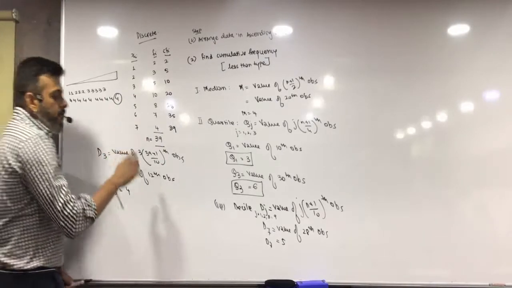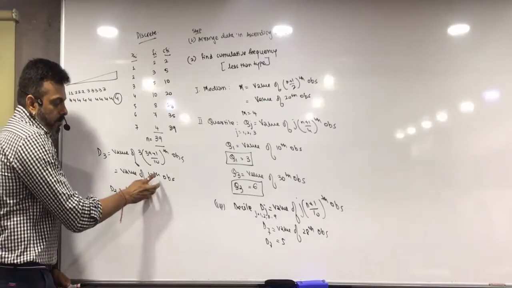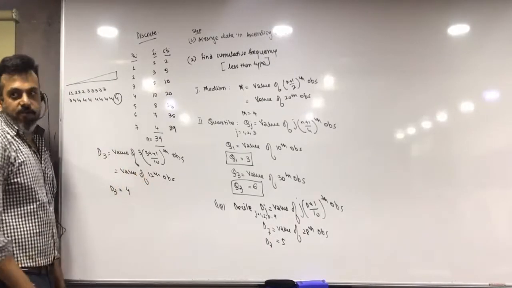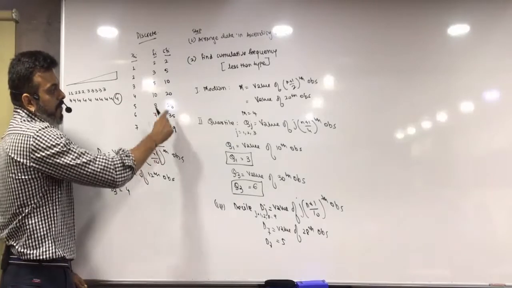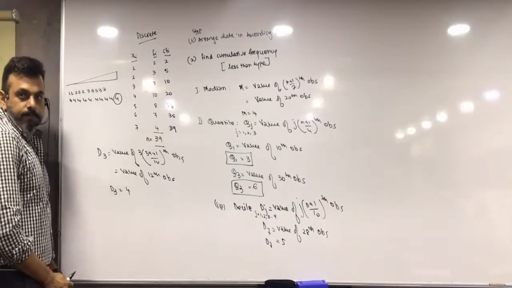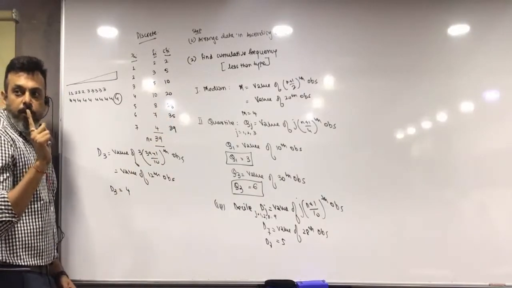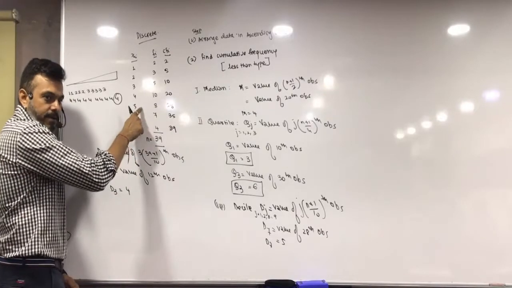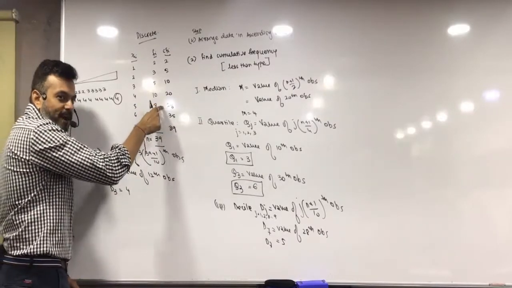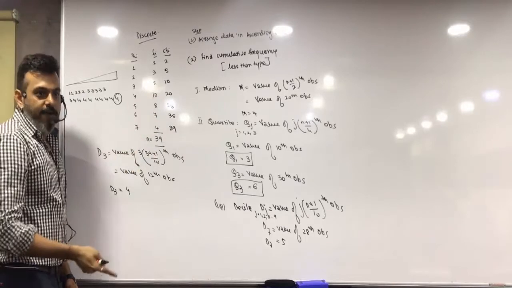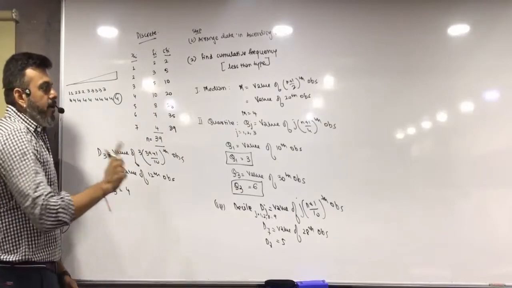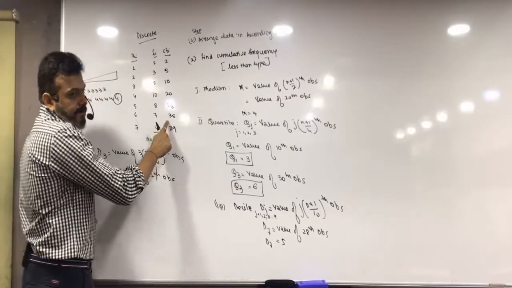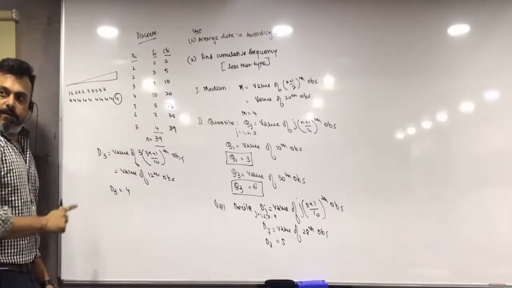Now if you get the observation in fraction, say for example you get 26.5, then also it will be 5, because 26 is also 5, 27 is also 5. Understood? If you get 31.8, it is 6.